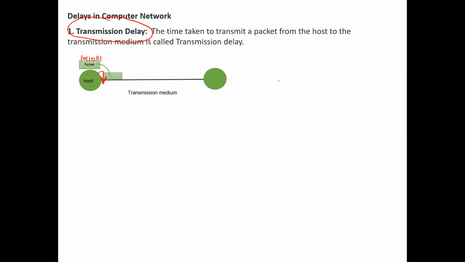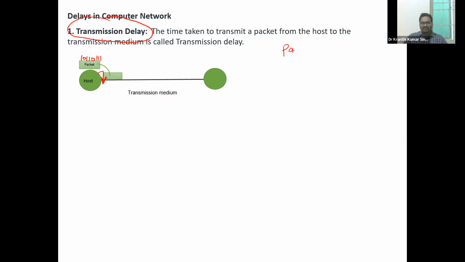Okay, if you really understood this concept, transmission delay depends upon what type of parameters? Any smart answers?